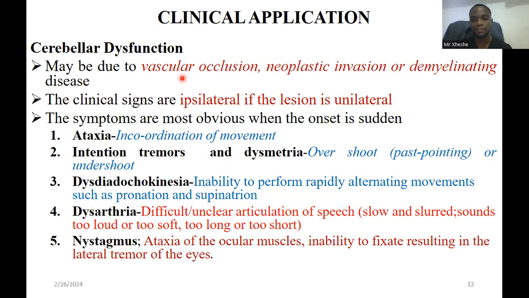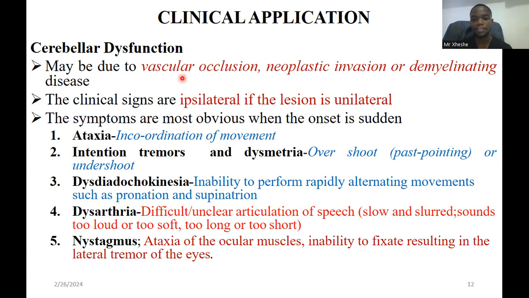Next is neoplastic disorders. So tumors, either malignant or benign. Those may cause damage to the cells of the cerebellum or indeed compression to the cells of the cerebellum and interfere with its function. So the signs would depend on which part of the cerebellum is affected. Is it the neocerebellum? Is it the paleocerebellum? Is it the archicerebellum? We have conditions that we call demyelinating conditions.